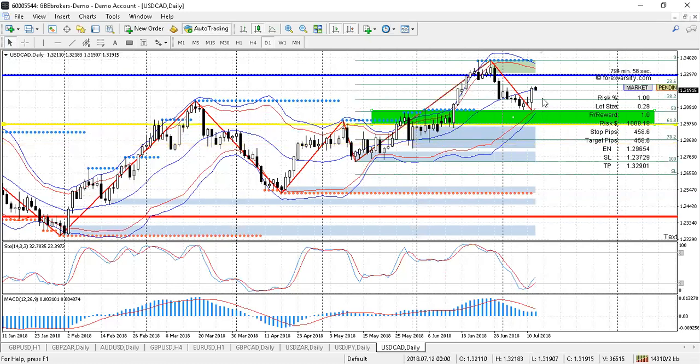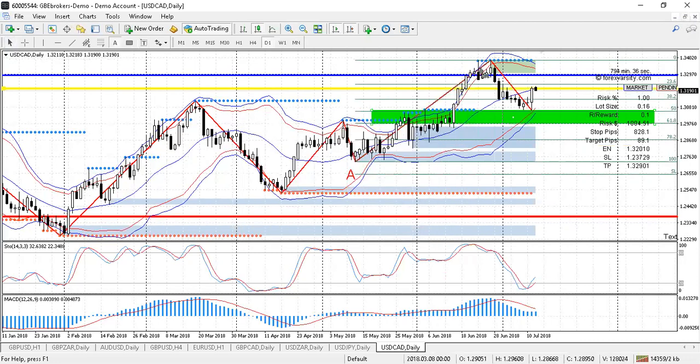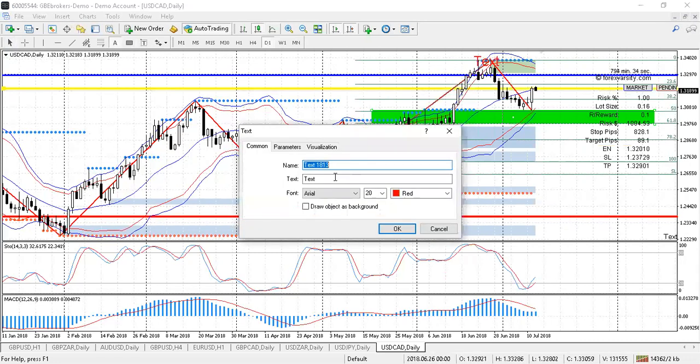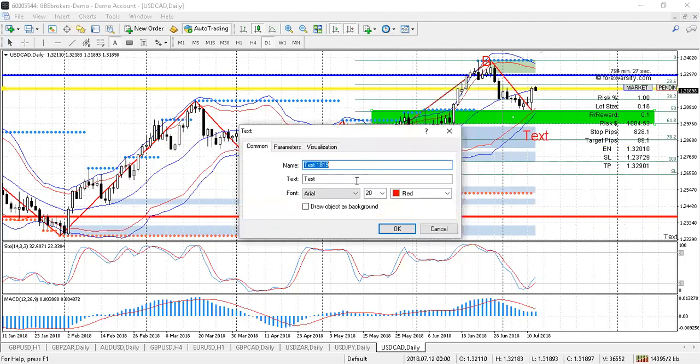So if you were to buy at the close of this candle here, then whenever you trade, if you consider this to be A, and then B, and then obviously we're looking for C here, so we've identified our C point of trade.